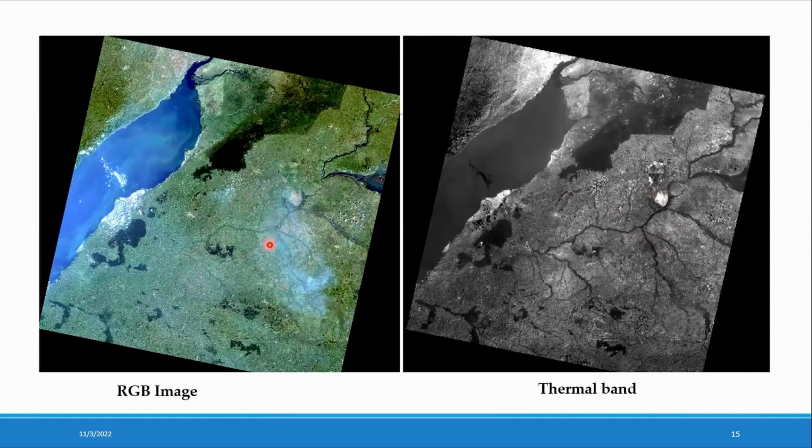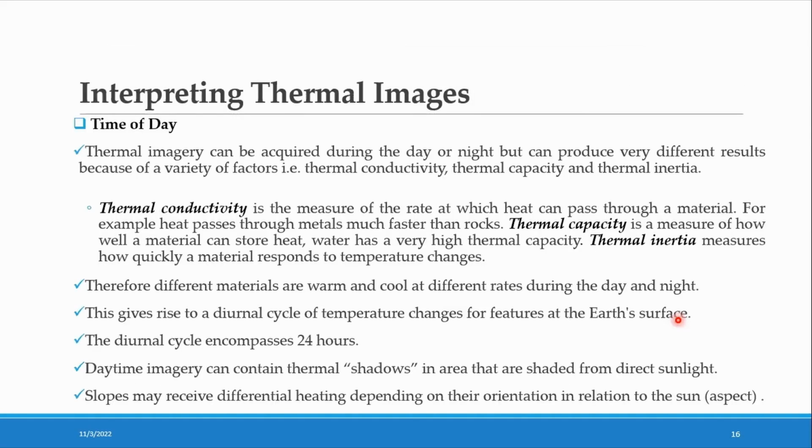Even where there is smoke, it's still indicative of warm or high temperatures, and we still see the brightness in those areas. So that is how you differentiate smoke from clouds when you're having a thermal image. So we have said the first way of interpreting thermal images is looking at it visually, and you look at the grayscale level.